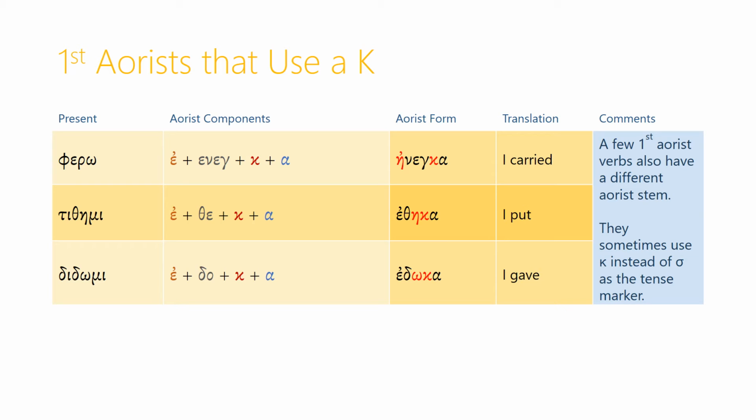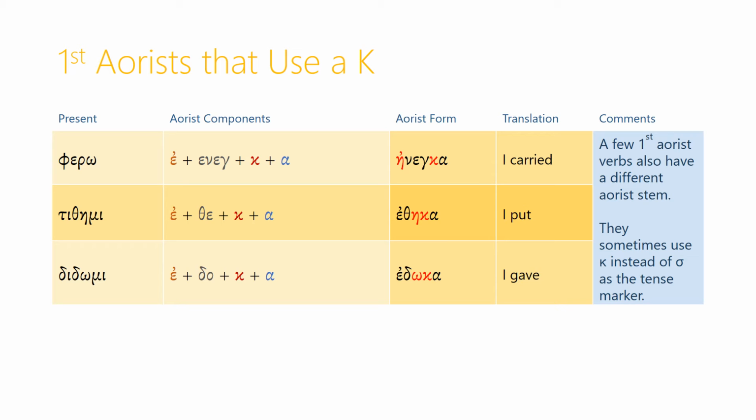Because we talked, when we learned the me verbs, about the fact that the present tense stem has reduplication, and the real stem is going to be shorter. So with tithemi, the real stem is the, and so if we add the augment, epsilon, onto the stem, we add a kappa instead of a sigma tense marker, and then the regular ending.